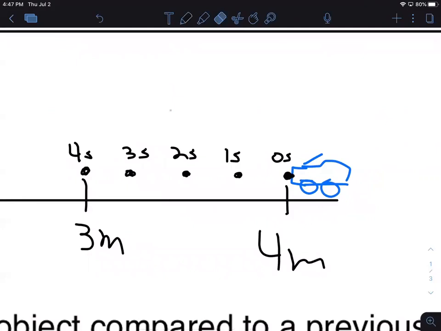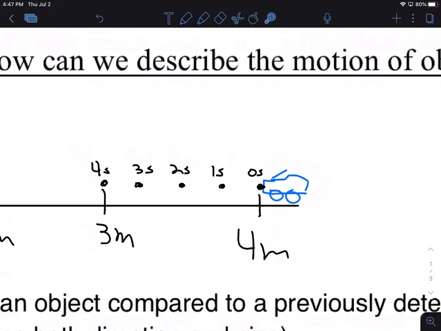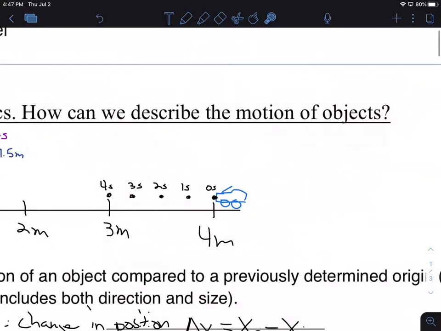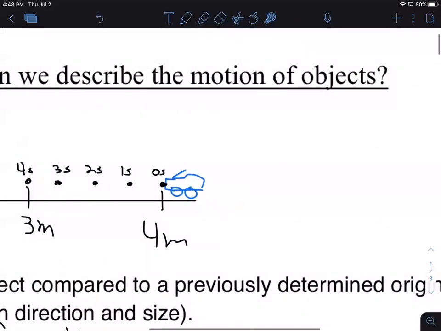Try now, you can pause the video, try to draw a position versus time graph and a velocity versus time graph for this buggy. And then at the end, maybe you fast forward down this video, I'll have the last part be both those graphs, or you can follow along and see if what I do agrees with you.